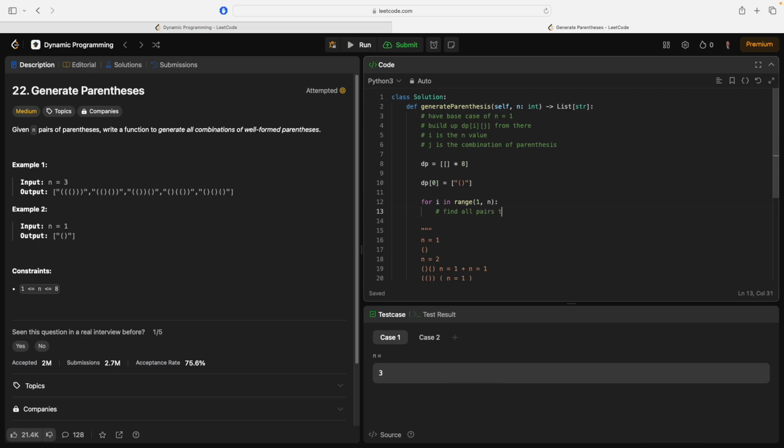Find all pairs that add to n. So we're not going to include 0 plus 2. For example, with 3, that is 1 plus 2 or 2 plus 1.